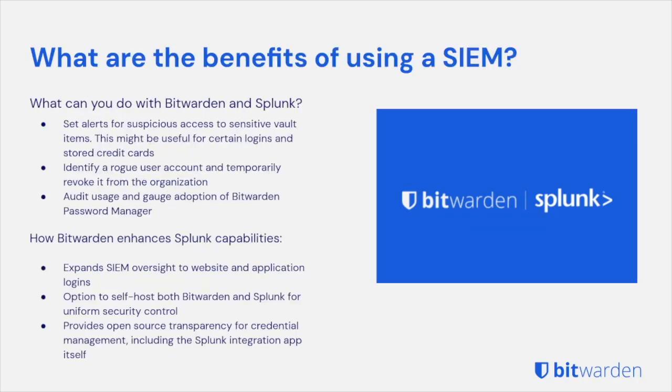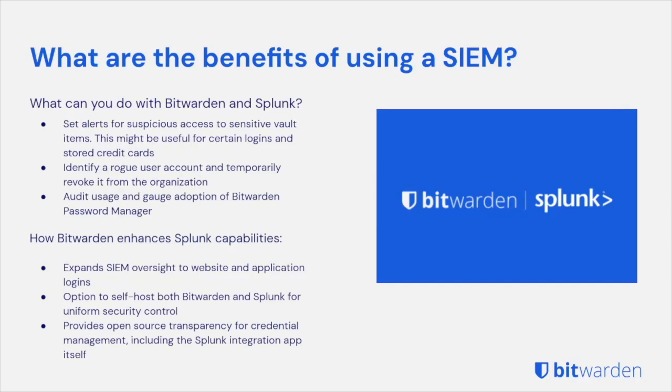So, what are some of the key benefits of using a SIEM and integrating it with Bitwarden? Well, this provides improved security visibility. We can centralize and monitor Bitwarden logs alongside other organizational logs in Splunk. This also allows for faster incident response. You can use Splunk's search and alerting capabilities to detect and act on suspicious Bitwarden activities.